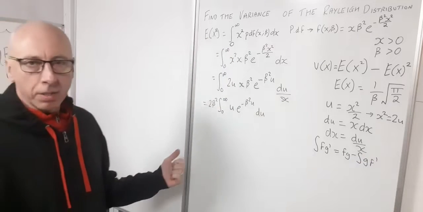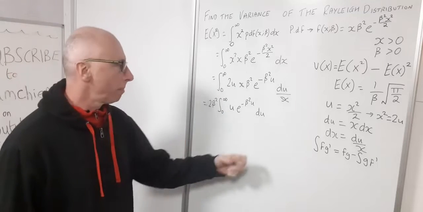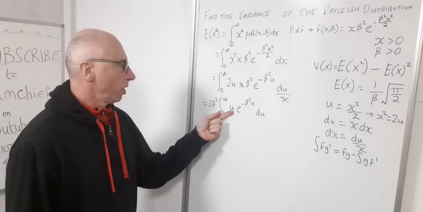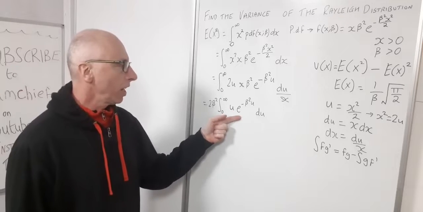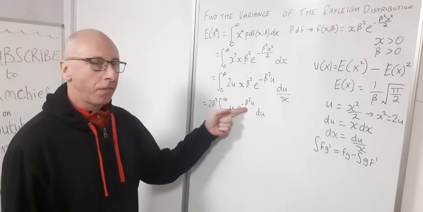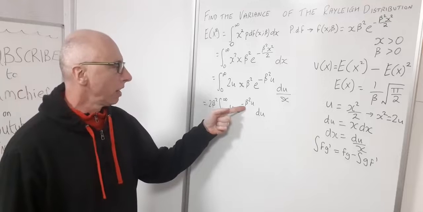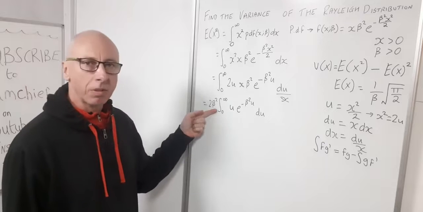Okay, so I need to set up which I want for my f and which I want for my g prime. So u I can integrate or differentiate, and this function here I can differentiate, but it's going to be even better if I integrate this one, because then I can get my beta squared in my denominator, which can then cancel out with this beta squared.